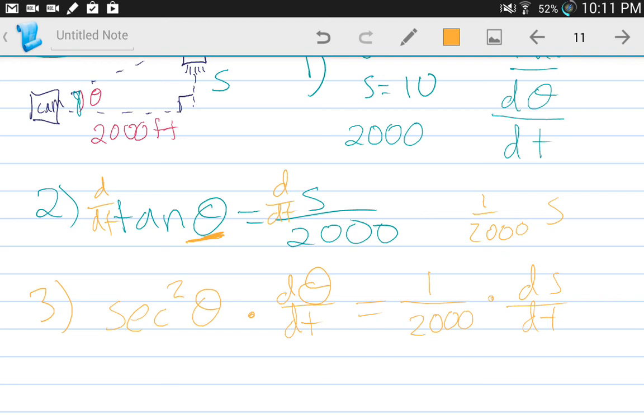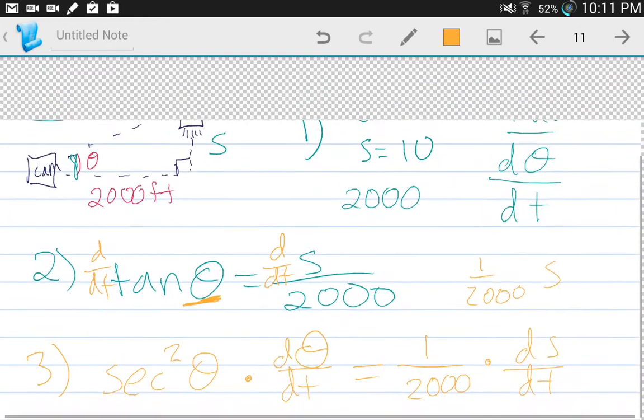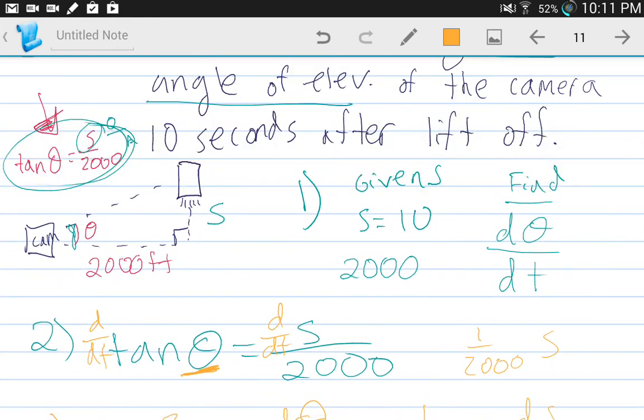Now, we don't really know what that ds over dt is right now, but, oh, you know what, okay, so actually this question, the book had a little note below the picture, and it said that the rocket is traveling with a height of s equals 50 t squared. Okay, so it actually wasn't s equals 10 from the question, it was 10 seconds, which would be t equals 10.